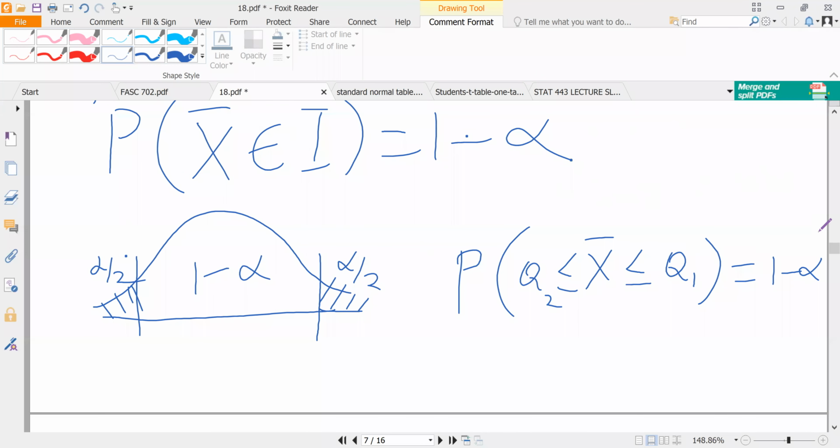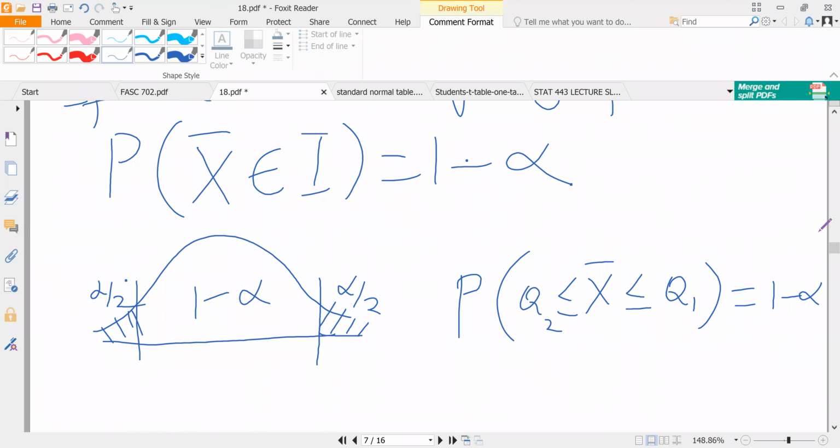That is what that expression means. So the task is to find the exact value of Q1 and also the exact value of Q2.